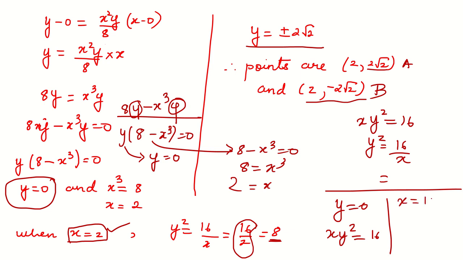So x equal to 16 by y squared. y is 0. So 16 upon 0 is not defined. So hence we are not considering it. So these are my A and B, and the problem is done. We had to find coordinates of A and B such that the normals are passing through the origin.